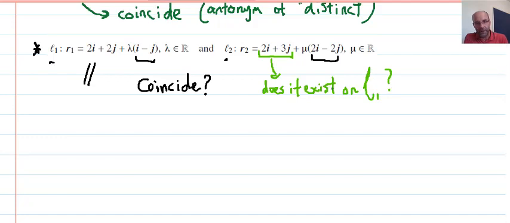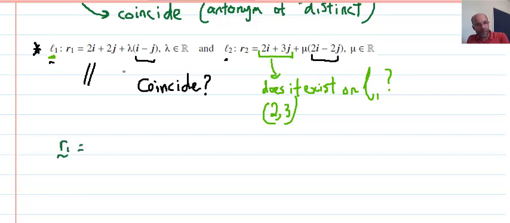And when I say it, I should clarify that the point that is at the end of that position vector. So we're looking at the point (2, 3). Does it exist on the first line? If the point does not exist, well, they can't coincide. They can't be one and the same.